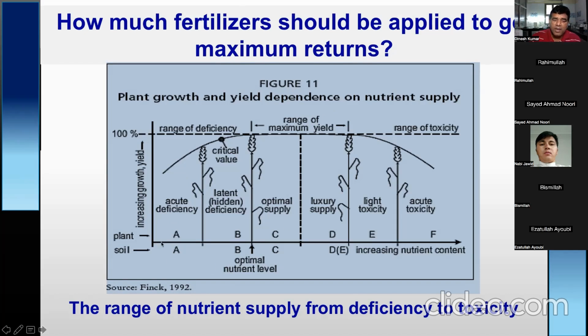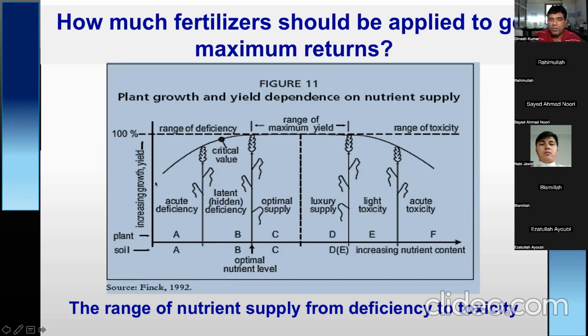Now on the x-axis, you can see the concentration of nutrient or nutrient content in plant or in soil. It is increasing from left to right on the x-axis. On the y-axis, it is the growth or yield which is increasing from lower side to upper side.